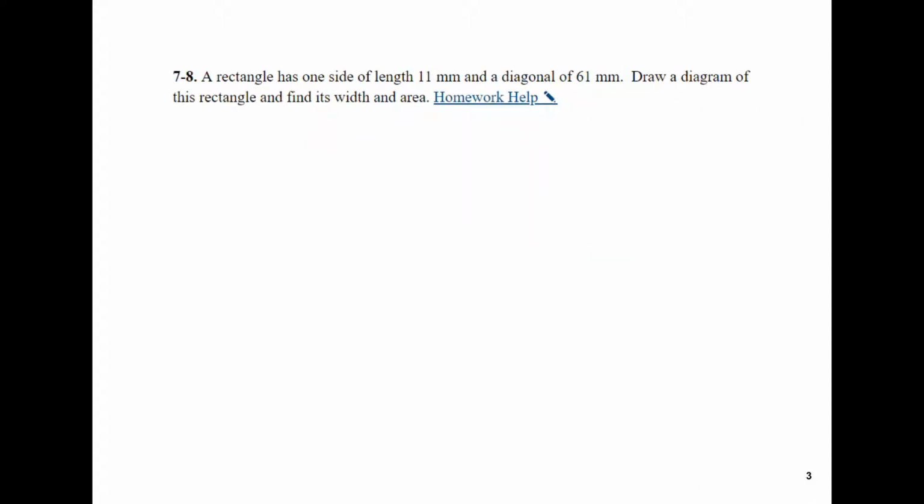7-8 says a rectangle has one side with a length of 11 and the diagonal is 61 millimeters. So if we draw a rectangle and we label our information 61 millimeters and 11 millimeters, we are working with a right triangle, so we can do a squared plus b squared equals c squared in order to find our missing side.